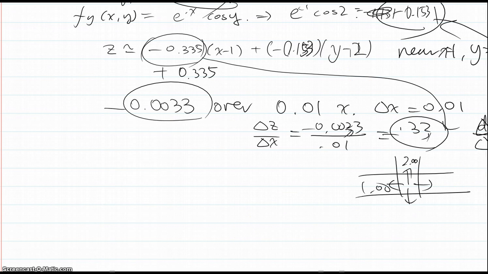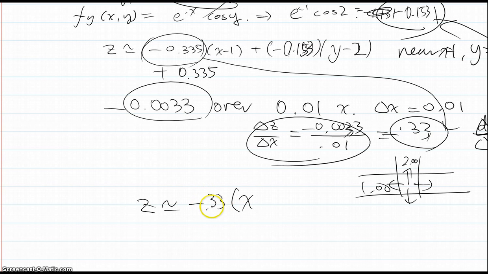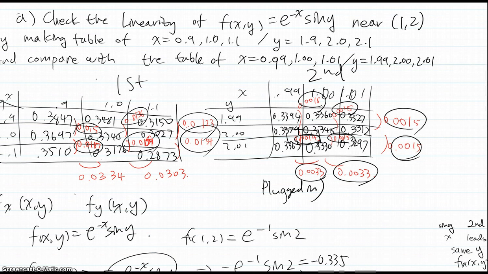As a conclusion, never mind, I didn't write the approximation form. In this case I'm gonna use the slope of z to x: negative 0.33 times (x minus 1), negative 0.15 times (y minus 2), plus 0.3345 right here at the value 1.00 and 2.00.